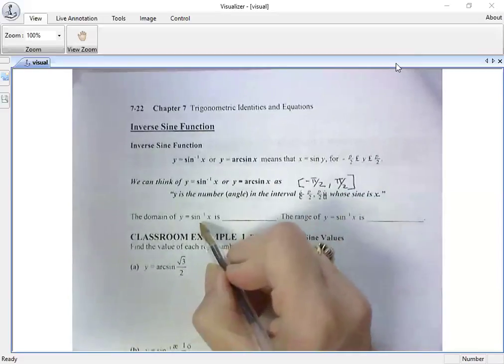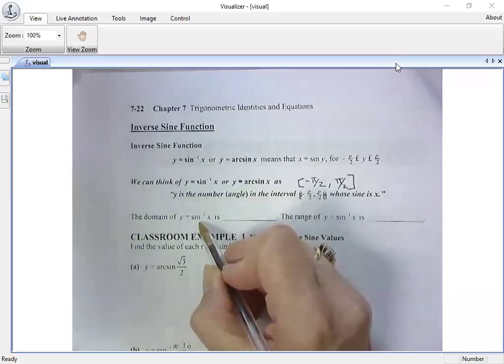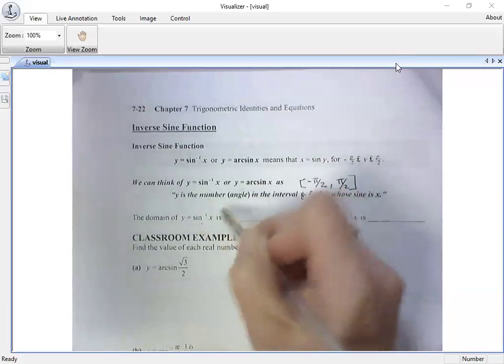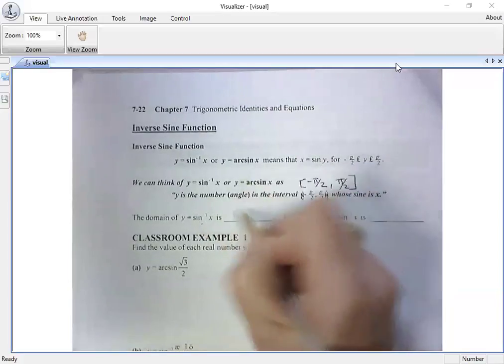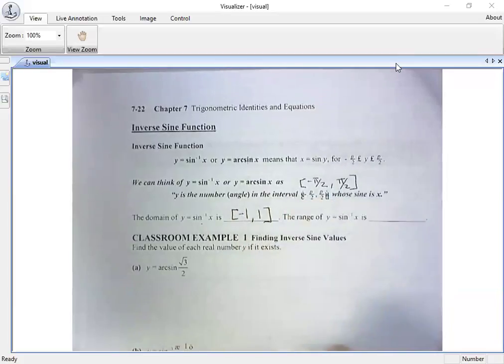Now, I know the domain of arcsine is the same as the range of sine. What's my range on sine? Be careful. Think about those y values. If I'm graphing sine, what's my high? What's my low? So my domain, because I've switched them, will be between -1 and +1.